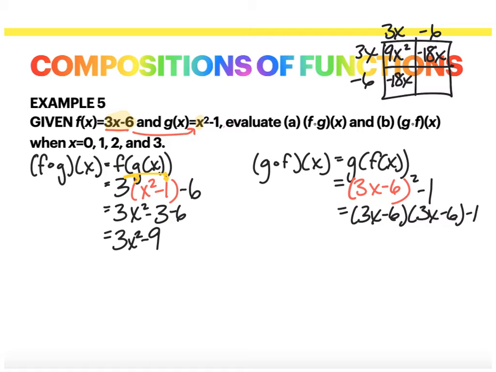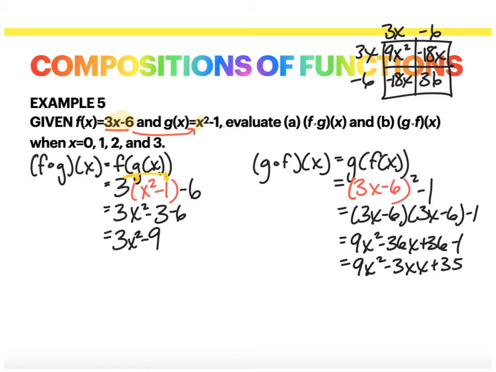And negative 6 times negative 6 is 36. So this simplifies to 9x squared minus 36x plus 36 minus 1. Can't forget that minus 1. And that then simplifies to 9x squared minus 36x plus 35, because we have 36 minus 1.